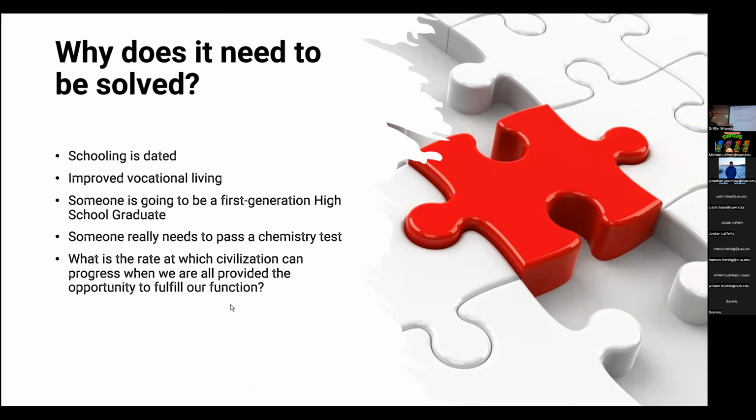So why does it need to be solved? I think that traditional format is honestly dated. I think it's out of date. I think revisiting the approach is needed, and I think it could do a lot of good. Some of the good is that it will allow us to live in our vocation more fully. Someday an individual might be a first generation high school graduate, and that's exciting.